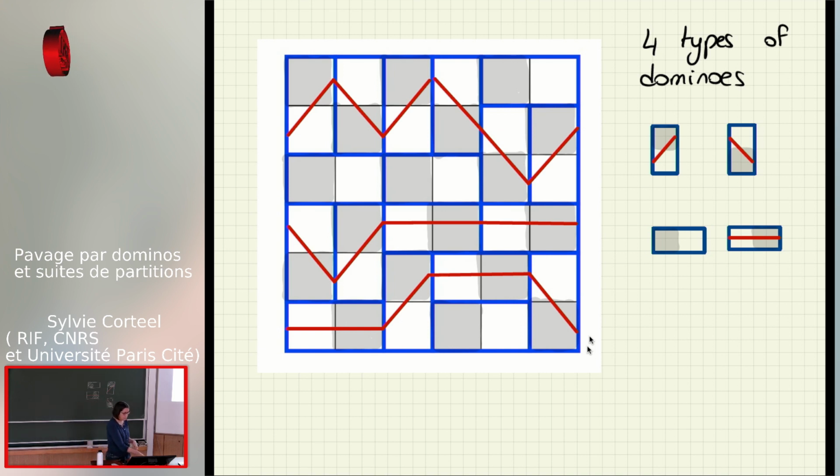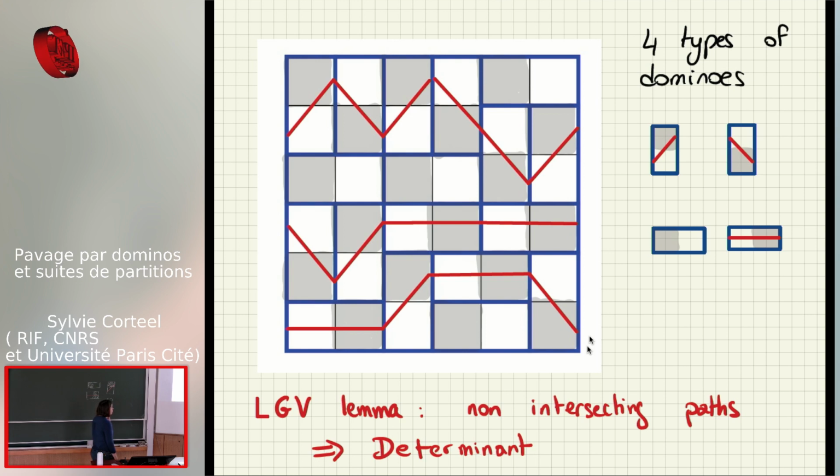And you all probably know that if I want to count non-intersecting paths, now I can write that as a determinant. Okay? So that's the Lindstrom-Gessel-Viennot lemma. Whenever you have a system of non-intersecting paths where the starting points and the ending points are fixed, you can write that as a determinant.